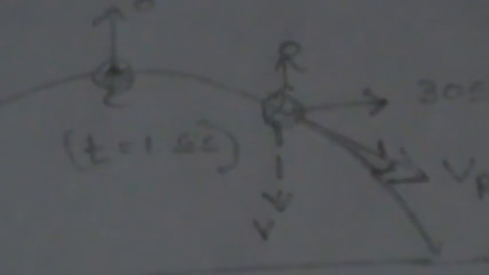If I put a person on this object, the velocity experienced by the person will be Vr. So by vectors, Vr is equal to the root of V squared plus (30 sine theta) squared, the addition of that. We need to find Vr, but we have only the horizontal component, so we need to find V in order to find Vr.